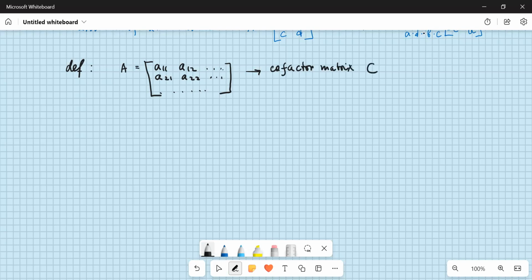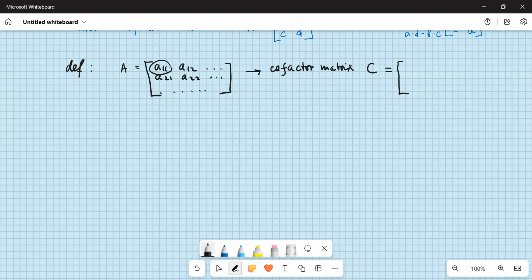Guys, I'm going to call it the C matrix. Actually, I don't think that we have a special name for it, but it is the matrix which is built out of cofactors of each element. For example, the first element of the cofactor matrix is going to be the cofactor of element A11.